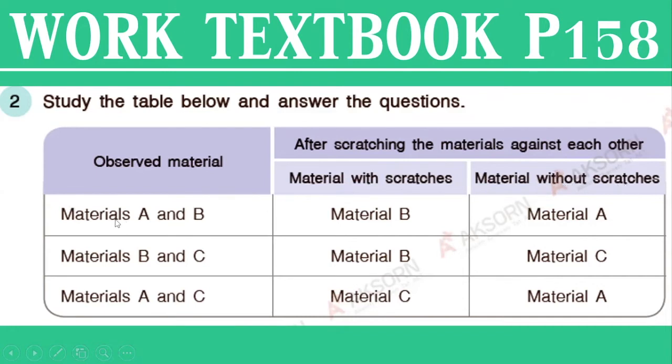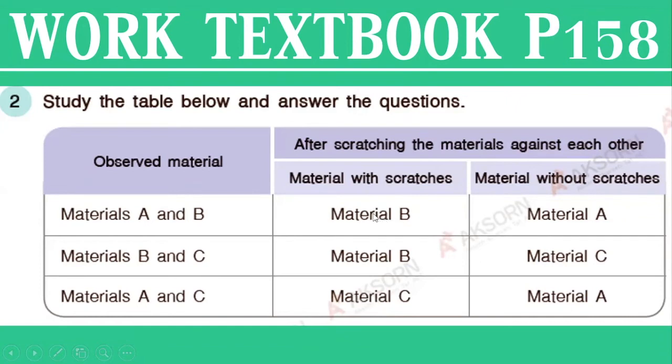We take material A and material B and scratch them against each other. After that, we can say material B has scratches and material A has no scratches. How do you remember?